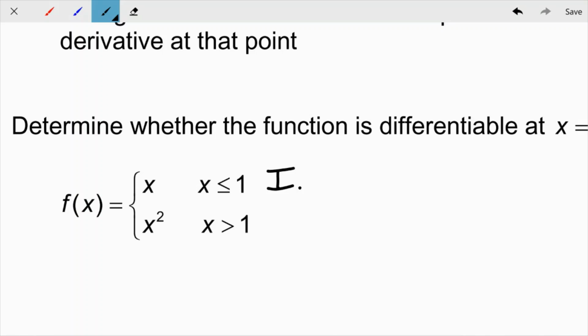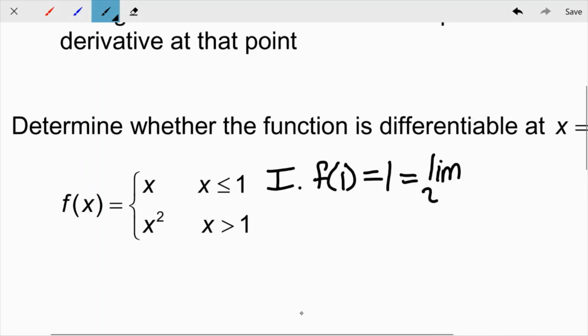This piecewise function is linear to the left of 1, with a slope of 1, and then quadratic to the right of 1. f of 1 is equal to 1, and if I take the limit as x approaches 1, for both of those rules I get a value equal to 1. So I've shown continuity by showing that the limit value is equal to the function value.